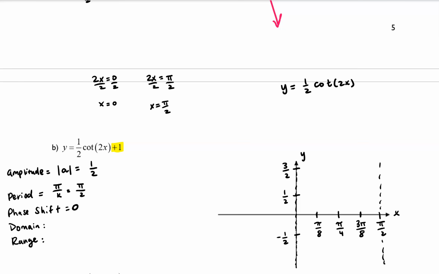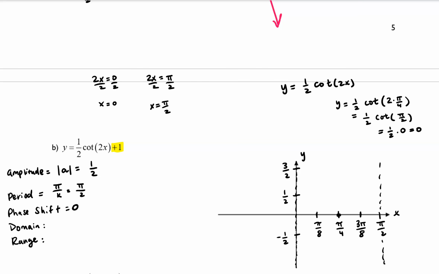I know that if I plug in pi over 4 for x, then I'd have 1/2 cotangent of 2 times pi over 4, and that's going to be 1/2 cotangent of pi over 2, which is going to simplify to 1/2 times 0, which is 0.